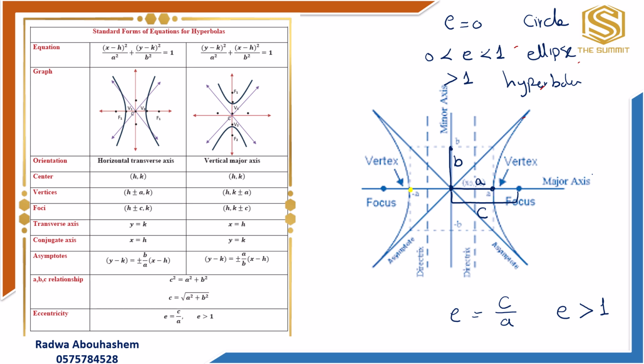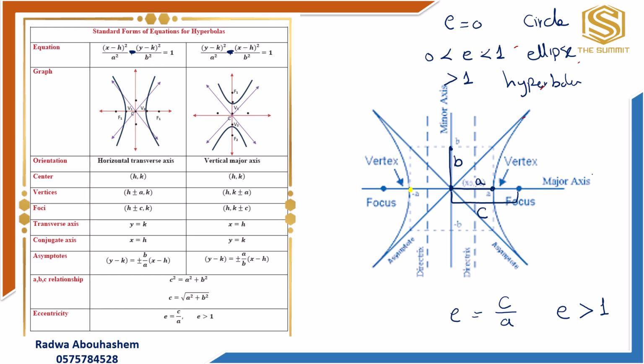Let's go for the rules. Here you have the same formula as for the ellipses, but here you have the negative sign in the middle. Also, you have to know if it's a horizontal transverse axis or a vertical transverse axis.